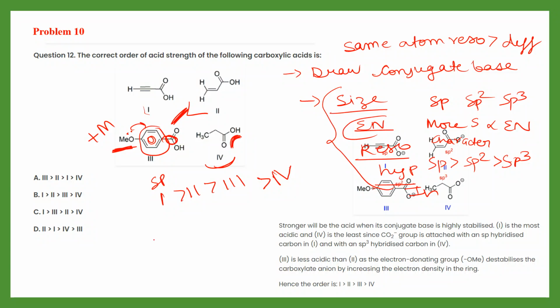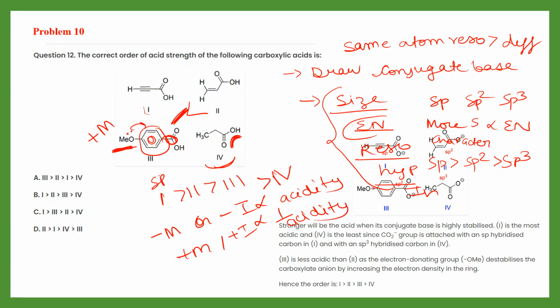See, for acidity, minus M or minus I is better, while plus M and plus I are inversely proportional to your acidity. So you should know the directing effects of all the groups.